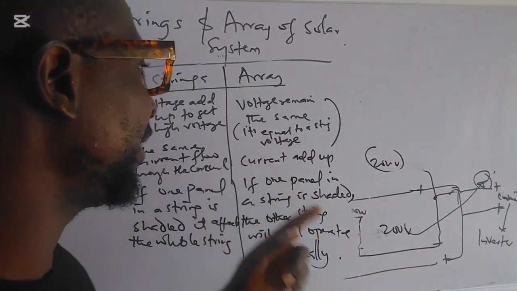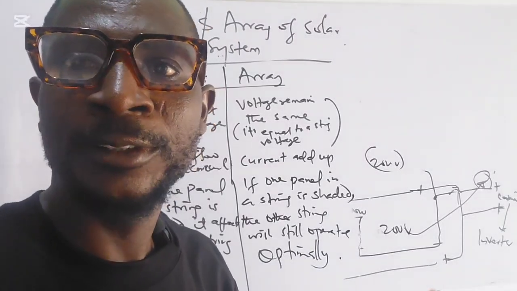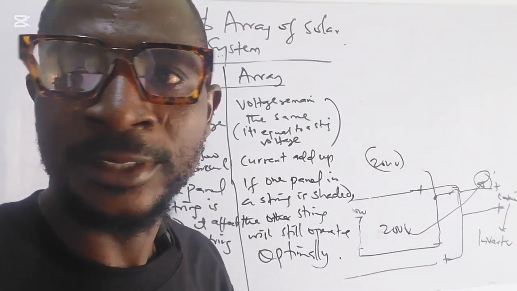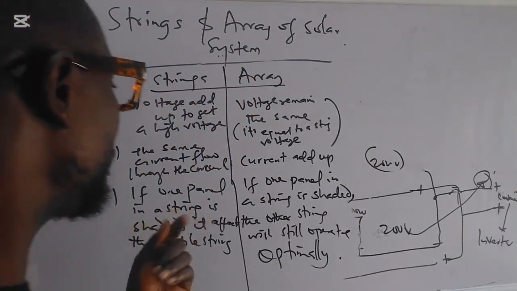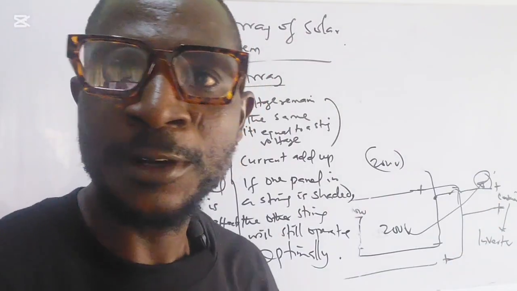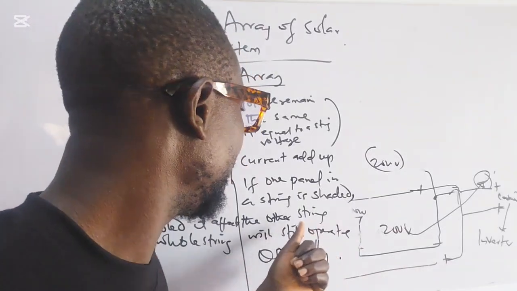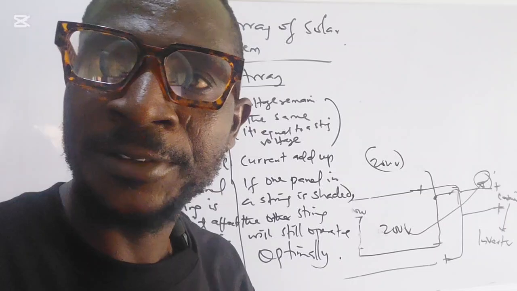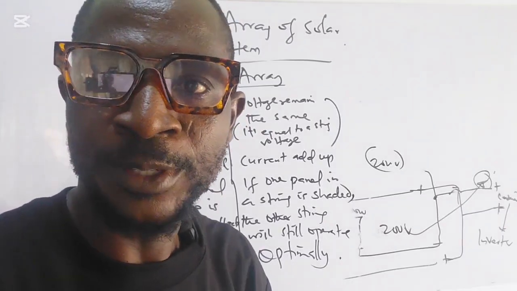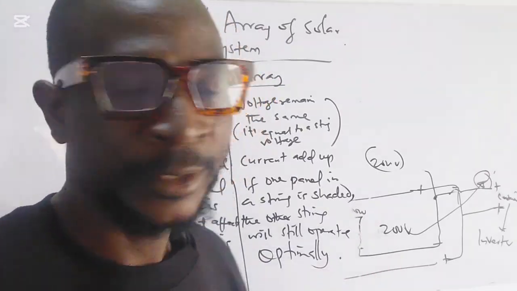But in an array, the current adds up, because an array involves the paralleling of strings, the number of strings you have in your installation. Then the third one, if one panel in a string is shaded, it affects the whole string. But in the case of a solar array, it only affects that particular string. The other string will still be operating optimally. So these are the few take home.